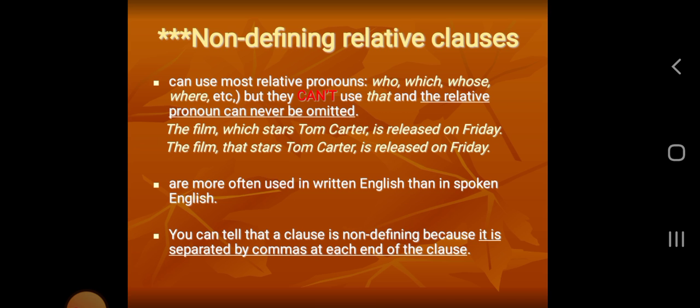The relative pronoun can never be omitted. But in a defining relative clause we can omit what? The relative pronoun. The film which stars Tom Carter is released on Friday. The film that stars Tom Carter is released on what? On Friday.